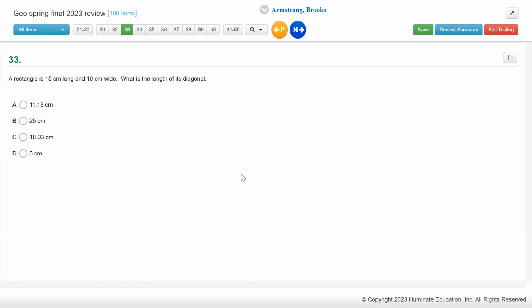So we do 15 squared plus 10 squared. Squared gives me that. And then if I square root 325, gives me 18.02, but I can just round it to the nearest hundredth, which is 18.03.